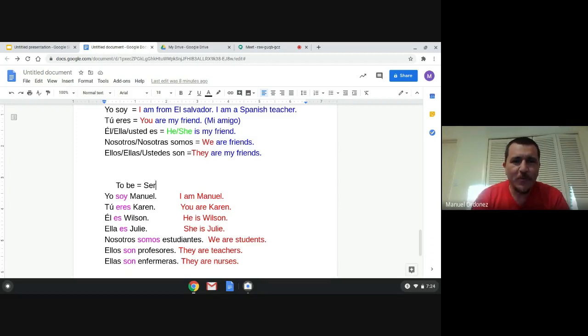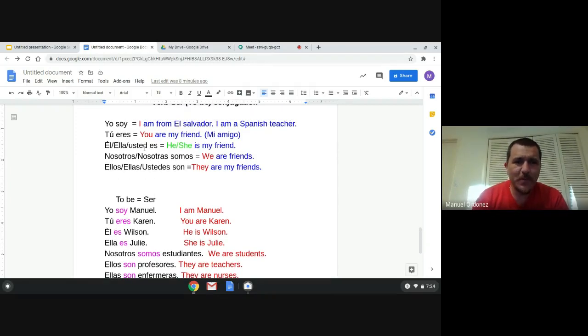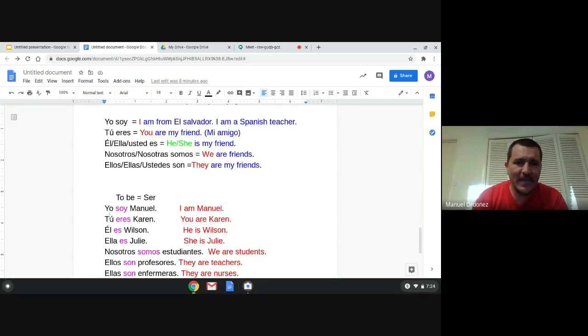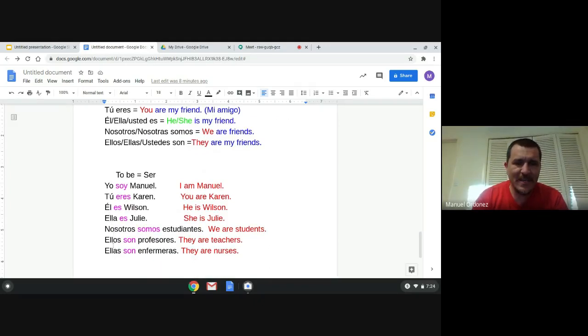Excellent. So when we study the subject pronouns, right? Yo, tú, él, ella, nosotros, ellos, ellas, and we say the verb to be in Spanish is ser, and you have the conjugation of the verb ser in purple letters.